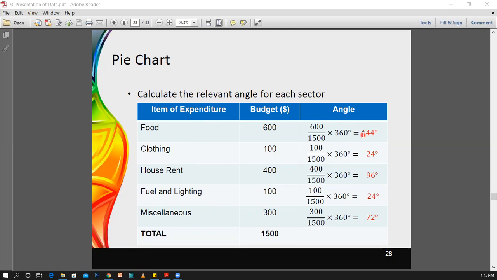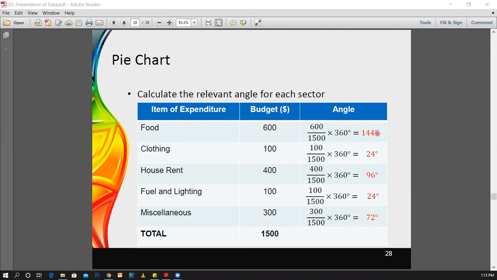To identify the angle for food, the budget allocated for food is $600 and it has to be divided by the total budget. So we take 600 divided by 1500, and then multiply it by 360 degrees, because we need to identify the angle associated with this sector.